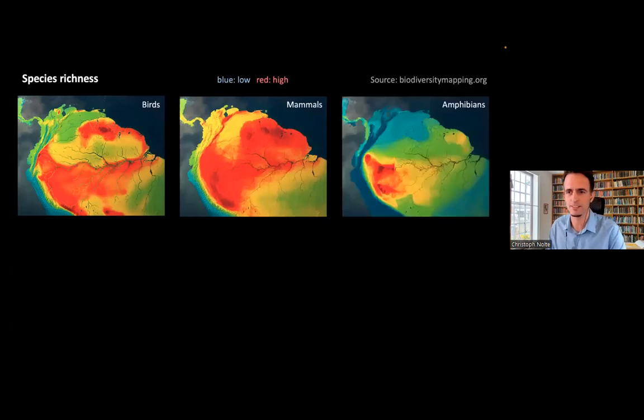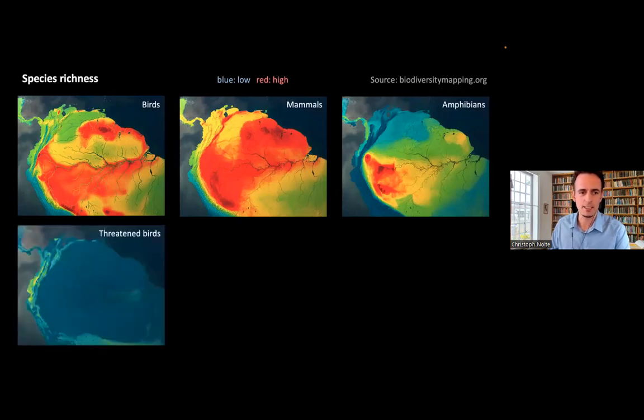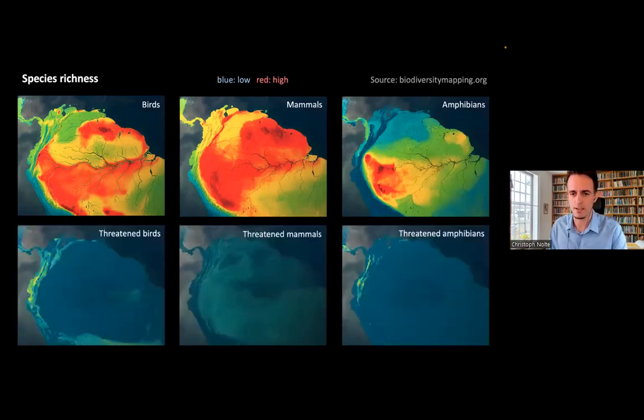The Amazon is a highly species-rich landscape, as you see here. What you see in colors here are species richness maps of vertebrates. But when we actually look at where the threatened species are, the maps look very, very different.